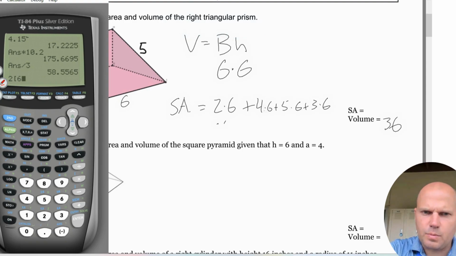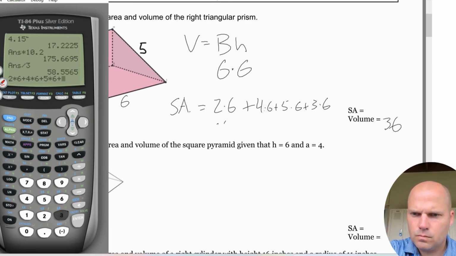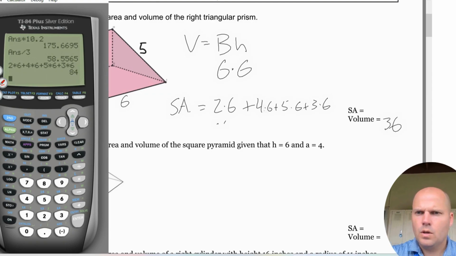Two times 6 plus 4 times 6. We're going to need this calculator anyways. 84. Great.